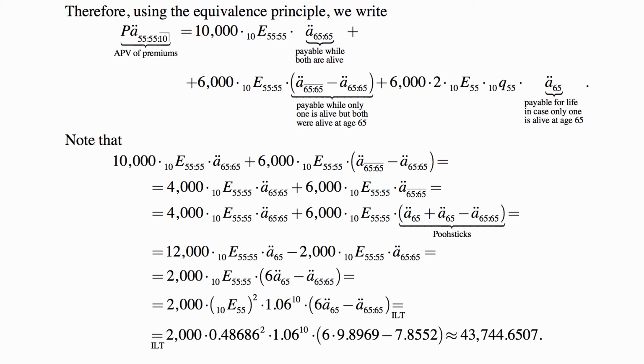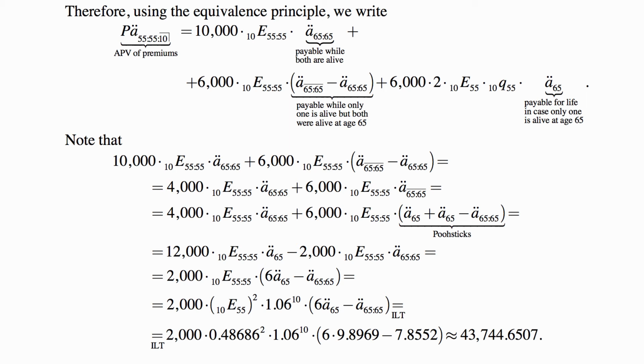And then this pure endowment factor can be written, because the lives are independent, the probability of survival for the joint life status 55:55 is just the probability of survival for 55-year-olds, so 10p55 times 10p55.